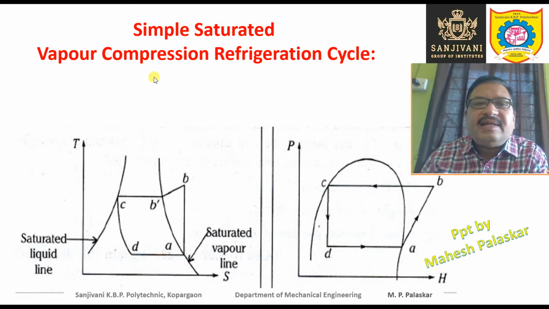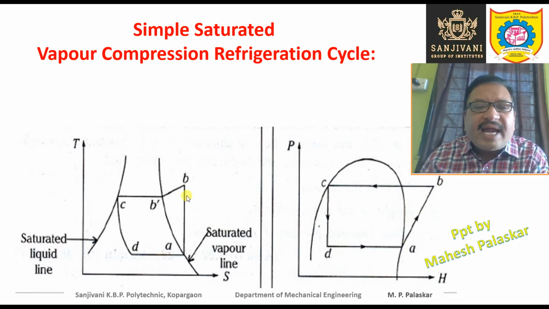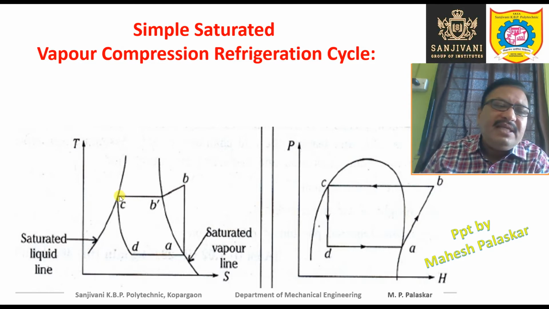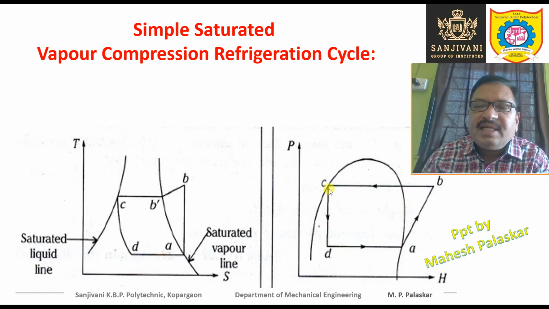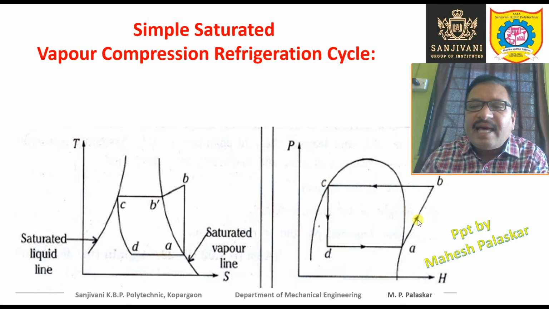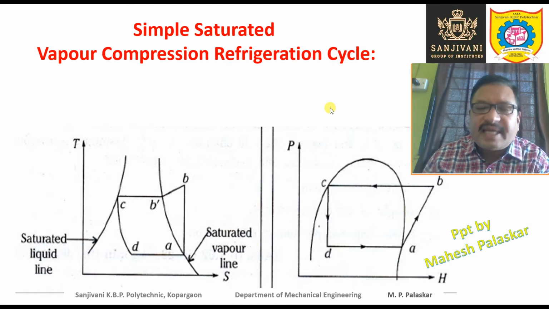Or we can say that the vapor compression refrigeration cycle is simple saturated if the refrigerant entering the compressor is dry and saturated, and if the liquid refrigerant leaving the condenser is saturated liquid, that is seen at the point C and at the point A. So in other words, if point A and point C lie on the saturation curve, then we say the vapor compression refrigeration cycle is simple saturated vapor compression refrigeration cycle.